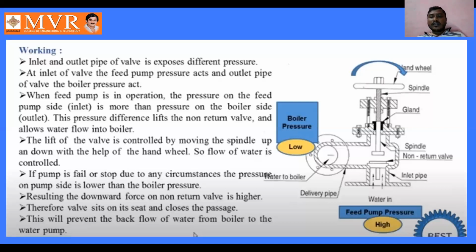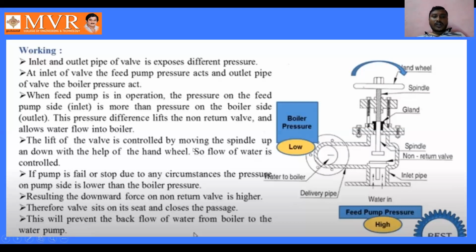Hence, the non-return valve sits on its seat, and the water will not enter into the boiler.